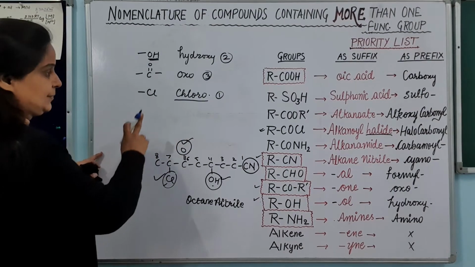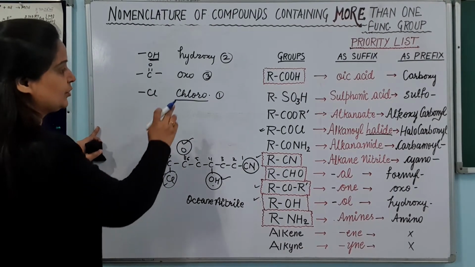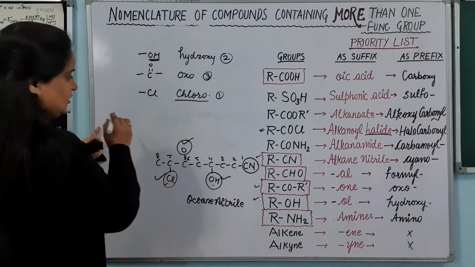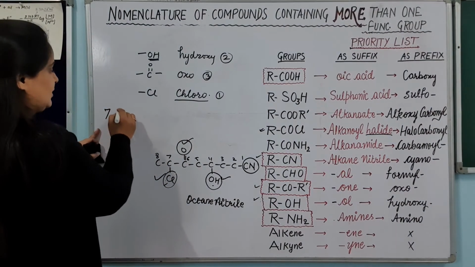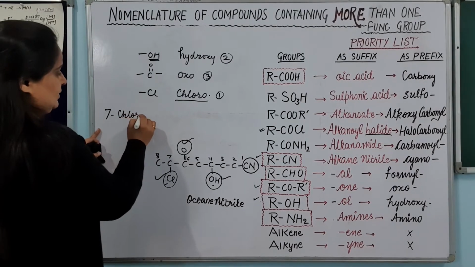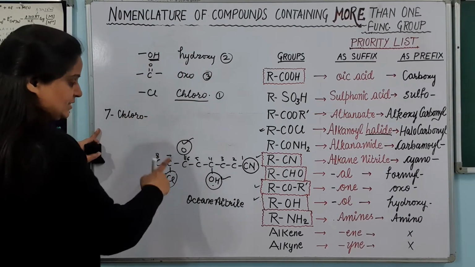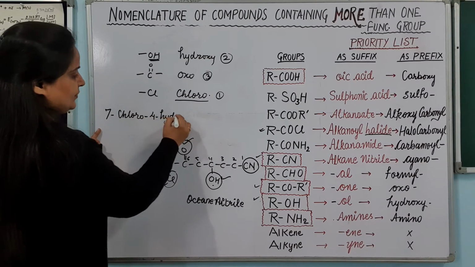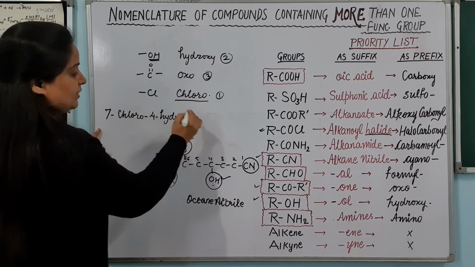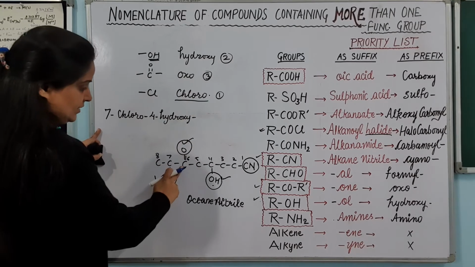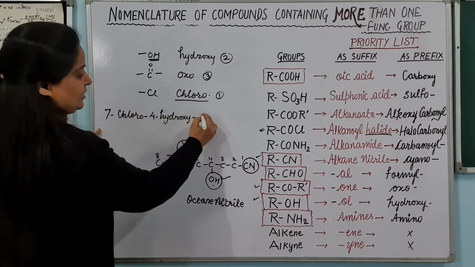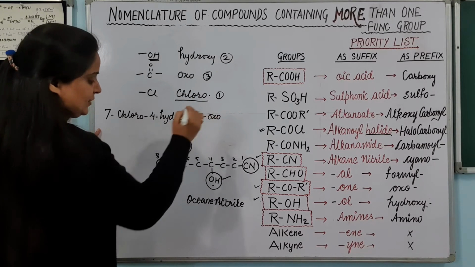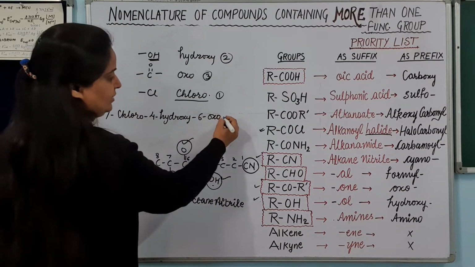Look at the positions first. Where is chloro? It is at the 7th position, so 7-chloro. Where is hydroxy? At the 4th position, 4-hydroxy. Where is oxo? At the 6th position, so 6-oxo. Then octane nitrile.